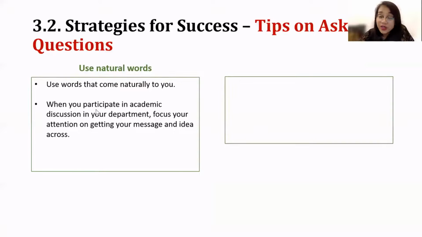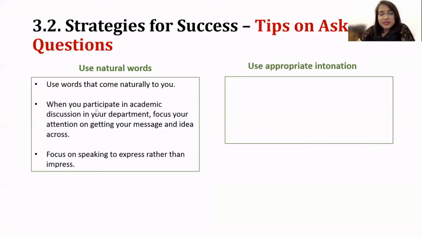If that's not your natural vocabulary, don't use it. You will sound awkward and you will spend too much time thinking of the sophisticated words that you think you need to use. Focus on speaking to express rather than impress.